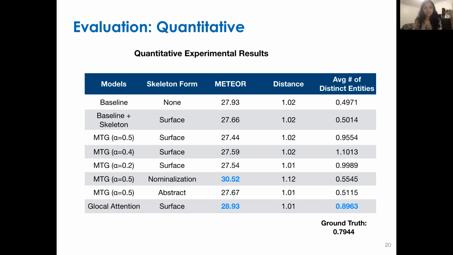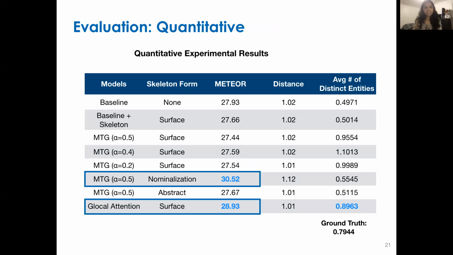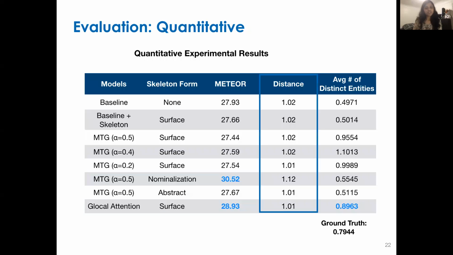Here are some of the consolidated results from our model that we can see. As we can see, the MTG model with nominalization and the local hierarchical attention model shows an improvement in the Meteor score. We devised a distance metric just to measure the distance between generated and ground truth entities.